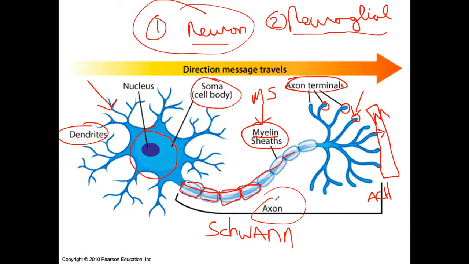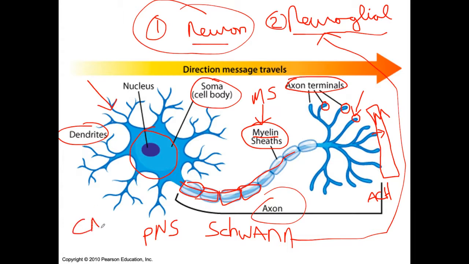Okay. When we talk about this Schwann cell, by the way, this Schwann cell is a type of neuroglial cell. There are many types of neuroglial cells. The Schwann cell happens to myelinate within the peripheral neural system. And there's another type of neuroglial cell called an oligodendrocyte.